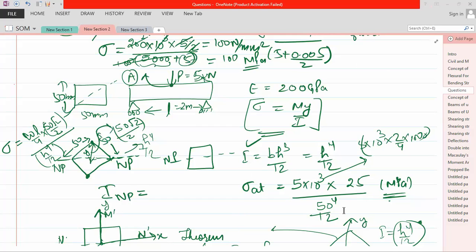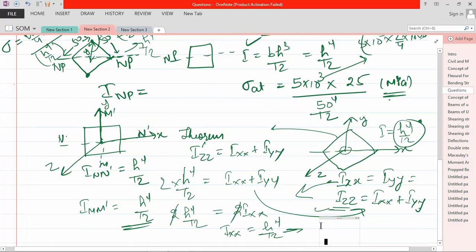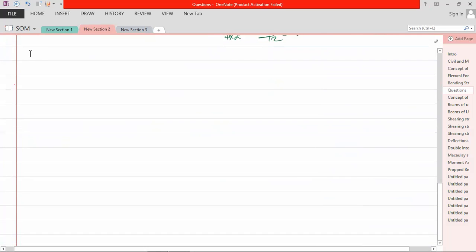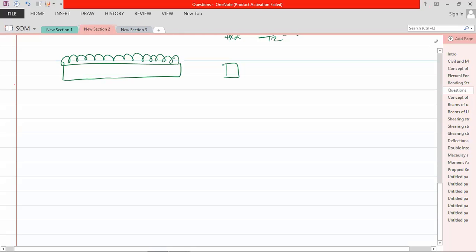Now the next question is, the same square beam. I am giving the same square beam, and now it is loaded with a UDL, and let me write the value of the UDL. Okay, no, it is not a square, it is rectangular.